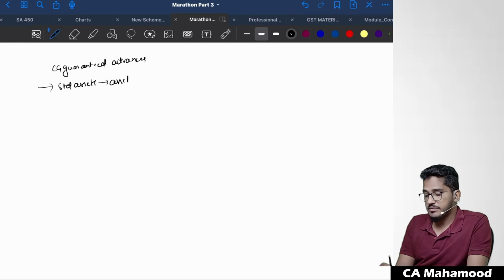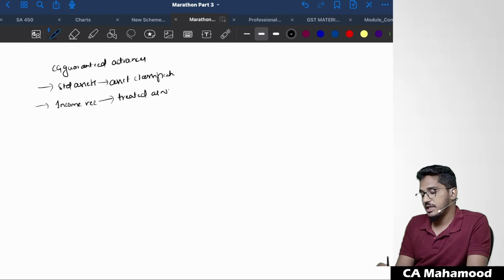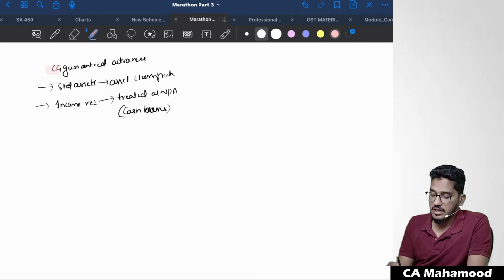But for income recognition, they will be treated as NPA. Which means income will be recognized on cash basis, only when received. This is in which case? In case central government guaranteed advances are there, even though they remain overdue for more than 90 days, they will remain under standard category for asset classification, but income will be recognized only when received.